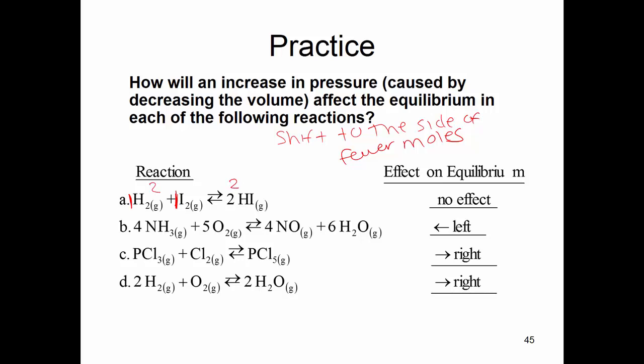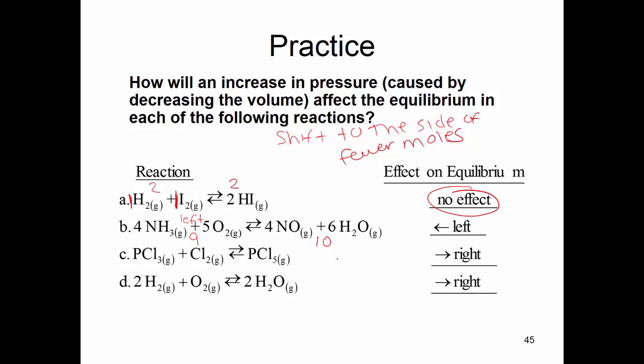So if I increase pressure, this is not going to disturb my equilibrium. It has no effect because it's not going to shift either way, since there are equal moles on both sides. Here I have 5 and 4, so 9 moles, and I have 10. So I'm going to shift to the side of the fewer moles, which would be the left, or the reactants. Left is reactants, right is products.